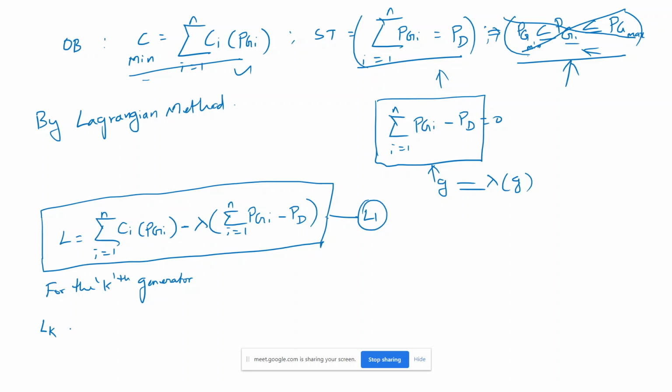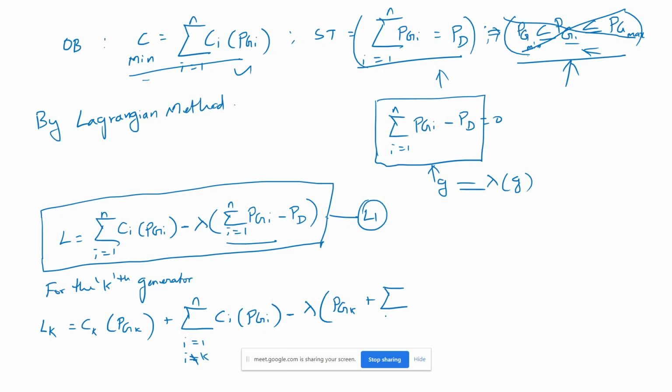So Lk is equal to, in this summation I will remove only the kth element: Ck Pgk, and the rest of the terms will be the summation for i equal to 1 to n, with i not equal to k, of Ci Pgi, minus lambda times Pgk plus the summation for i equal to 1 to n, with i not equal to k, of Pgi minus Pd.